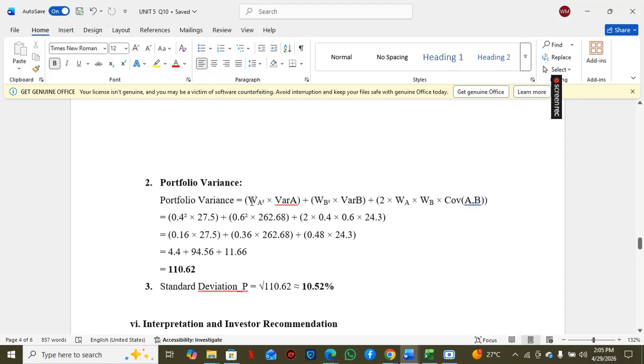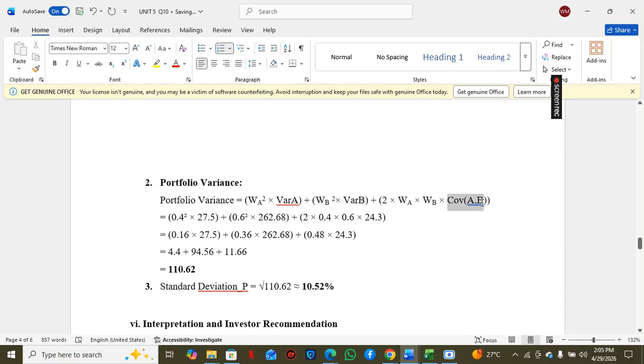The weightage of company A squared multiplied by the variance of company A, plus the weightage of company B squared multiplied by the variance of company B, plus 2 times the weightage of company A multiplied by the weightage of company B multiplied by the covariance.